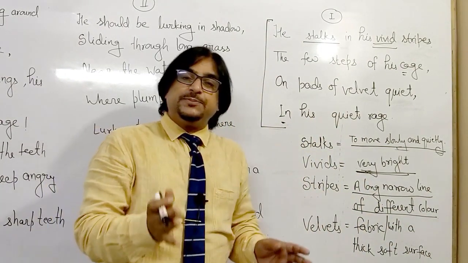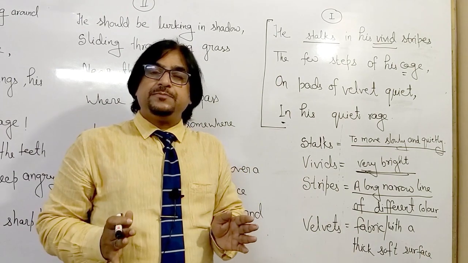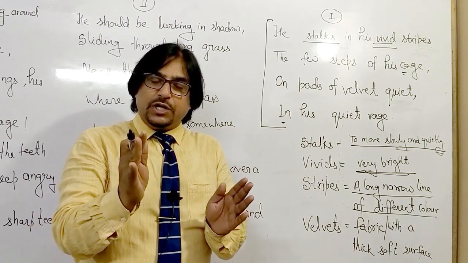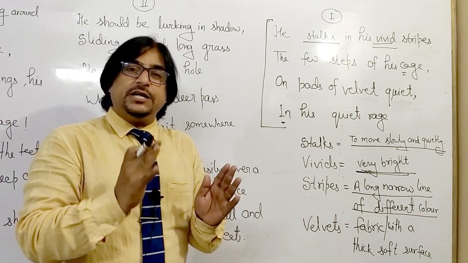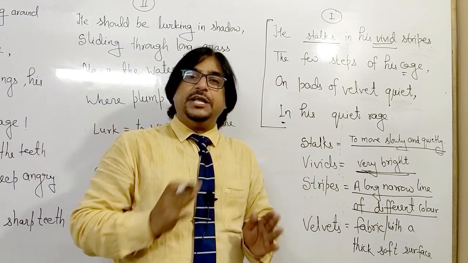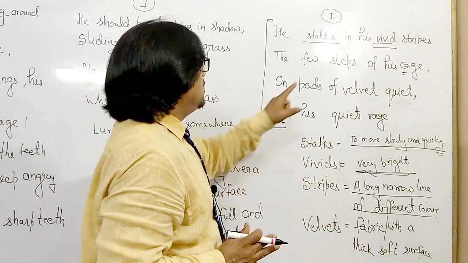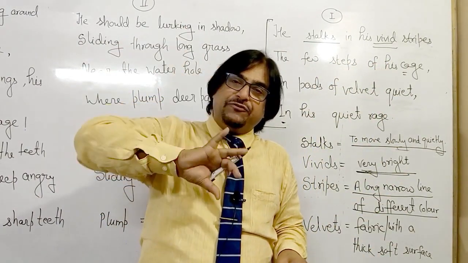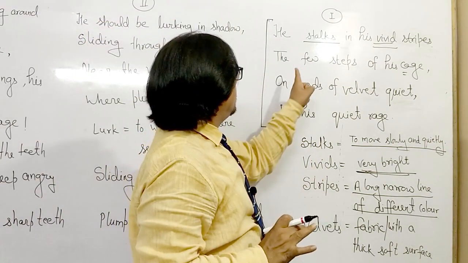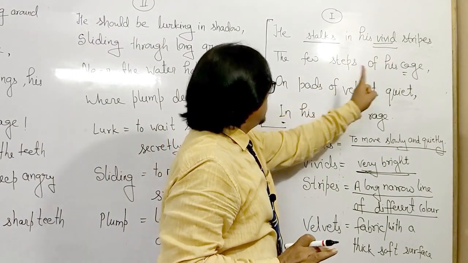Here is the description of the tiger's body. We know the shape of tigers, and we also know the color on the tiger's body. So stripes means different colors in different lines. The few steps of his cage, that is okay.